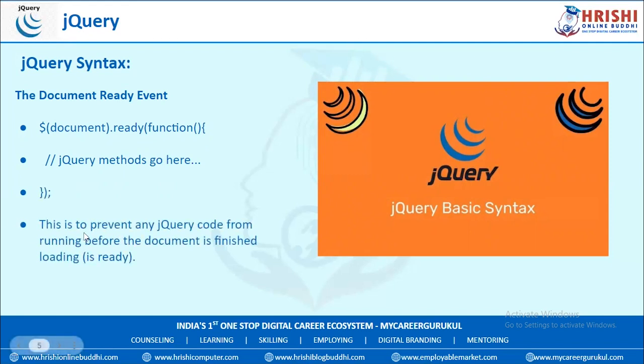This is to prevent any jQuery code from running before the document has finished loading. The $ means it is accessing the document, and the ready function means until and unless the document is ready, do not run the further part inside jQuery.